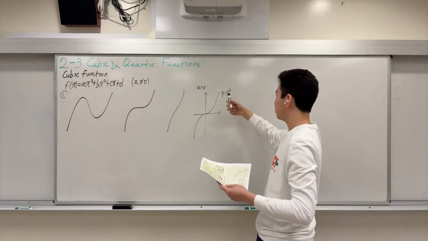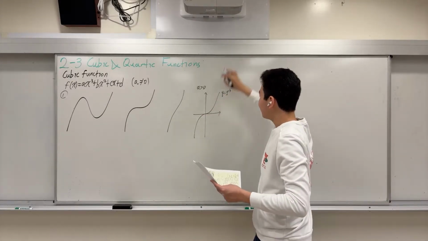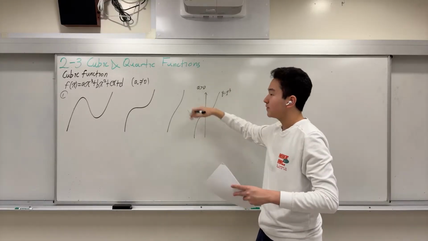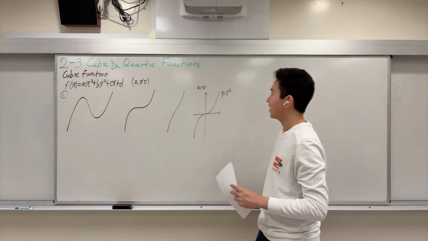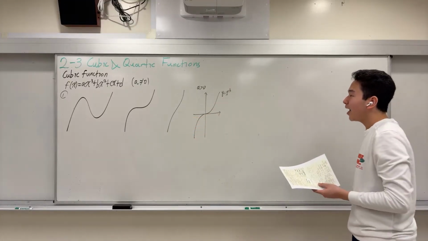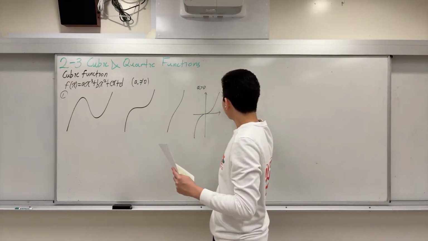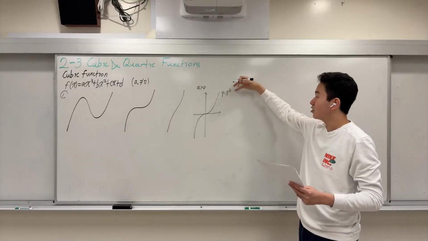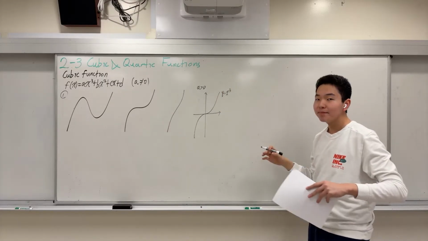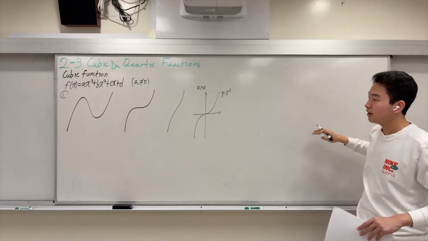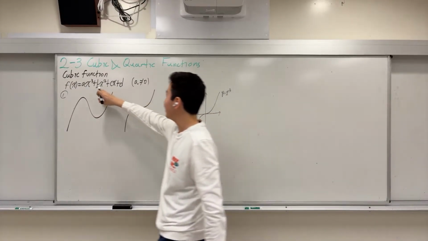If I do 1 cubed, 2 cubed, 3 cubed, it will shoot up, and then if I do -1 cubed, -2 cubed, it will shoot down to negative infinity. The thing to keep in mind is that a cubic function, so x cubed, will grow much more rapidly, especially at higher numbers, than any of these terms.